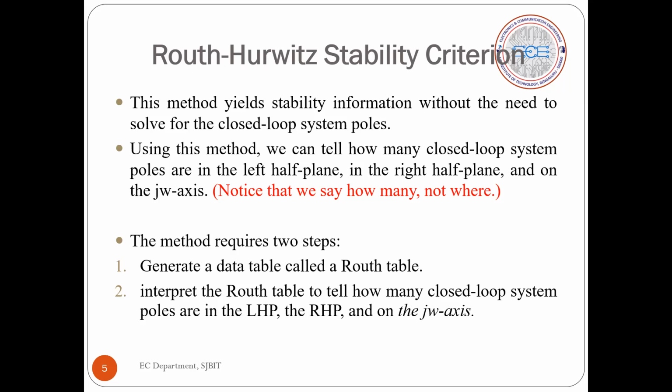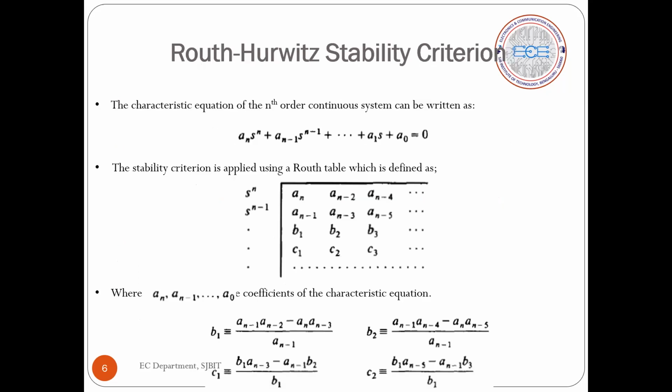The Routh table tells us how many roots are on the right side of the S plane, how many on the left, and also how many roots are on the imaginary axis. After writing the table, we interpret the Routh-Hurwitz table to get this information.